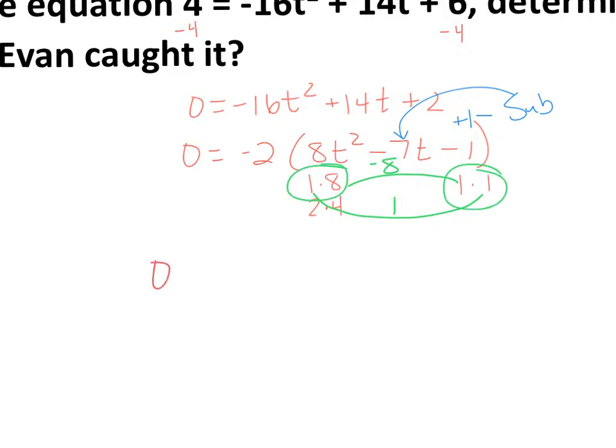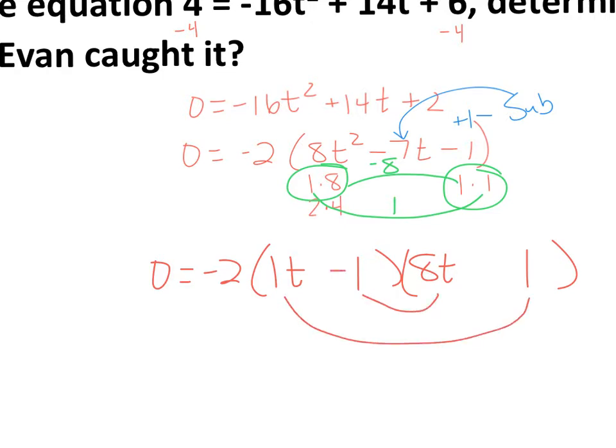So 0 equals, keep the negative 2 out front. I've got a 1t and an 8t. Okay, I have a positive and a negative. Oh, and I got 1s on the back side. Okay, now I want my 8 to be negative, and I want my 1s on the outside to be positive. Okay, all right, now that we've done that, we're going to go ahead and set equal to 0 and solve.